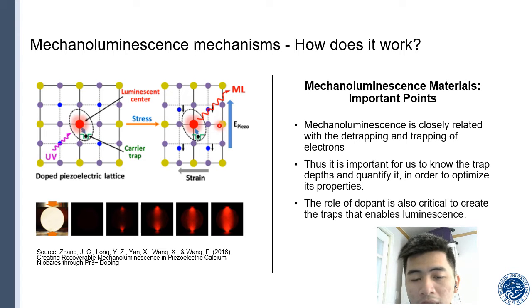The role of the dopant is quite critical since it will affect even the luminescence color of the material. You can see here the luminescence that it possesses in a sample. It is shown here in the source that it can have this reddish, quite high intensity, especially in the dark room.